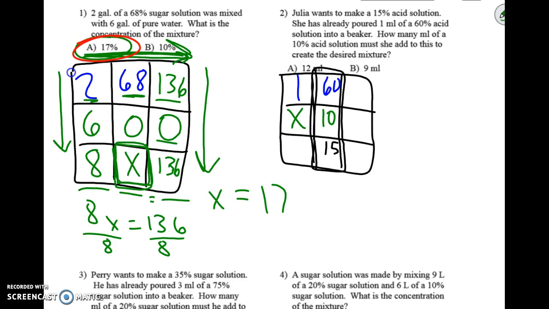Okay, so now we know what to do. We add this way, multiply that way. So we're going to start with 1 times 60 is 60. I'm going to switch colors here. X times 10, 10x. And so now we have 1 plus x.